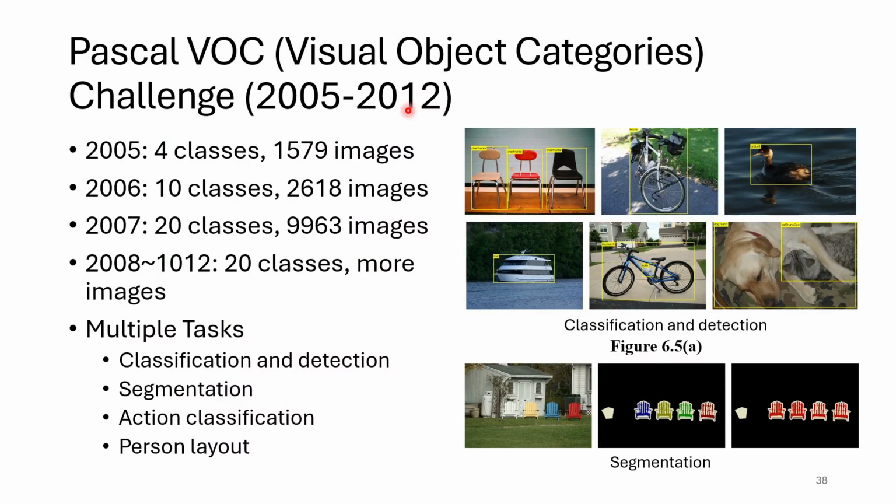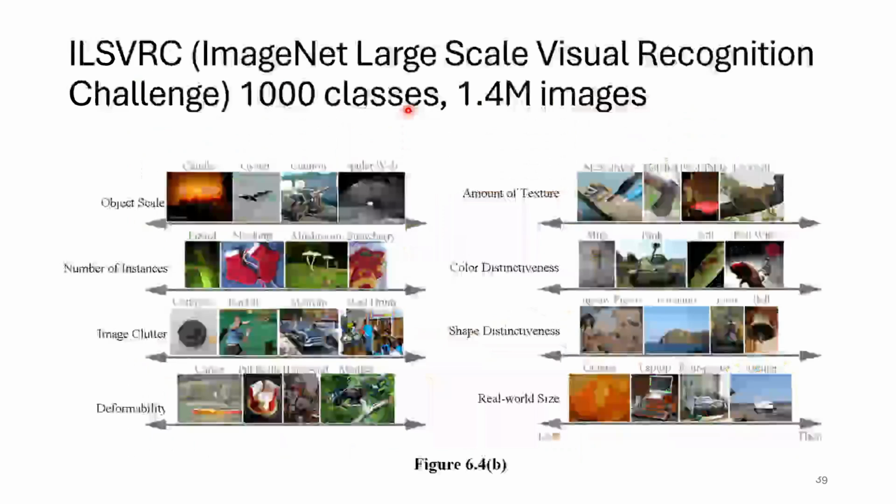In the same year, there was another important data set that was widely used: ImageNet. Let's take a look at some example images, and compare ImageNet and the Pascal VOC dataset. The first difference is scale.